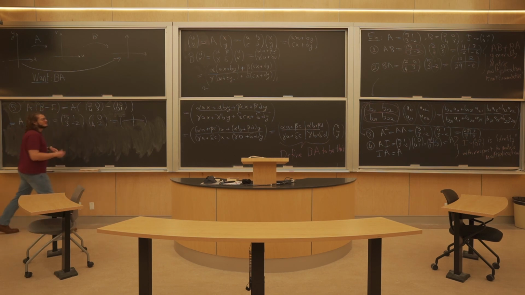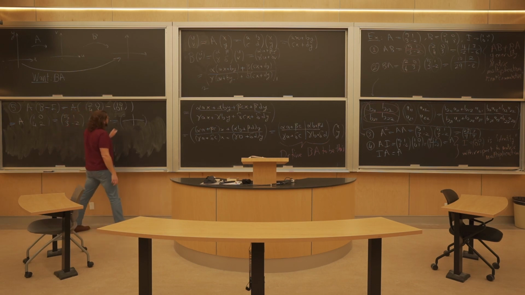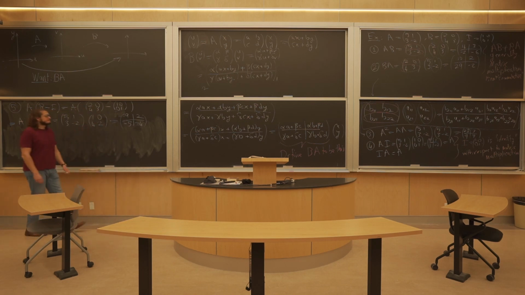That's my lived experience. If I first put the frame as the type of matrix I should get, it becomes much faster. So 5 times 1 is 5, and then 4 gives me 9, and then this gives me 2, and then this gives me minus 5, and then this gives me minus 4. Okay?